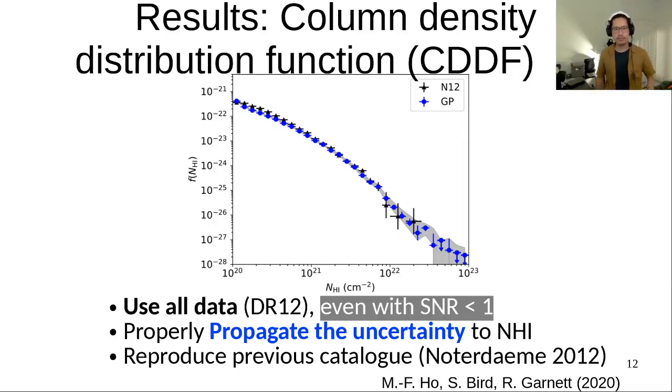You can see we basically reproduce the measurements from the previous dataset from Notre Dame, and since we propagate the uncertainty instead of setting a hard threshold on DLA posterior, we can use all of the data, even those with very low signal to noise ratio. The result is that we have a larger dataset to make the measurement.